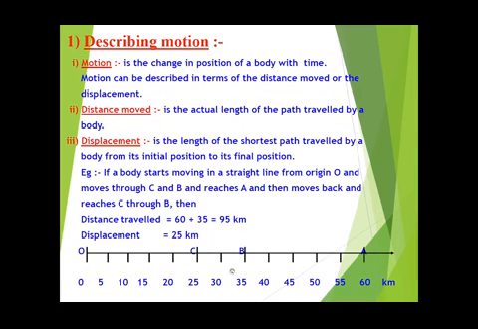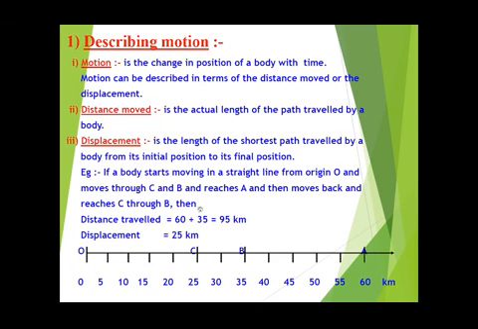On the same note, if we want to find the displacement, what is displacement? Just now we saw it. It is the length of the shortest path used to reach from one point to another point. If a body wants to move from O to C, the shortest path is the distance between O and C. This distance covers the length of 25 km.